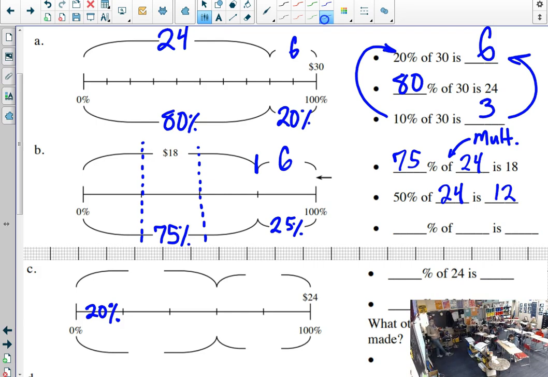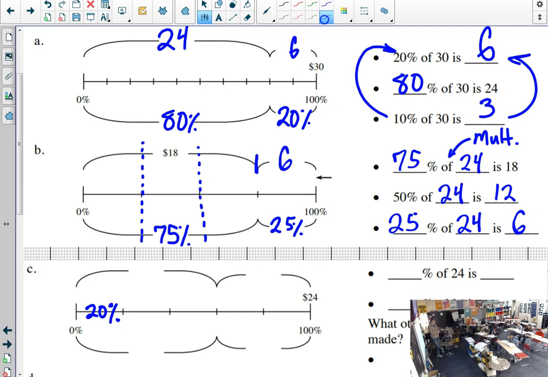And then the other percentage they do show us there, Nathan, what percent should go down here? Percent we haven't talked about yet. We did 75, we did 50. 25? Yeah, 25% of what's our total? 24. 24 is how much? 6? Yeah. Any questions on how we write these out?